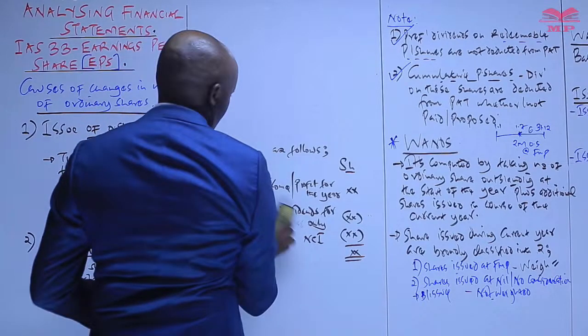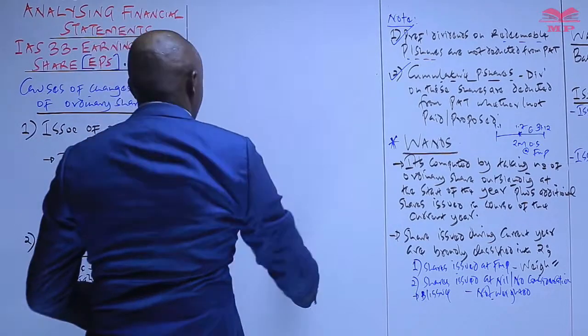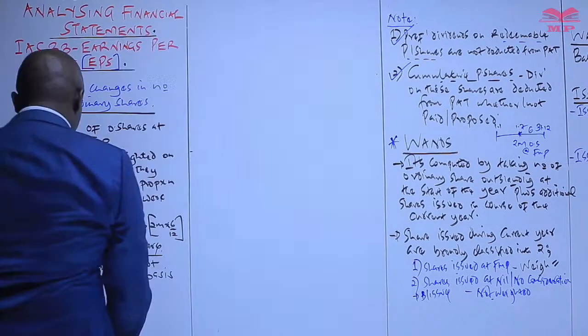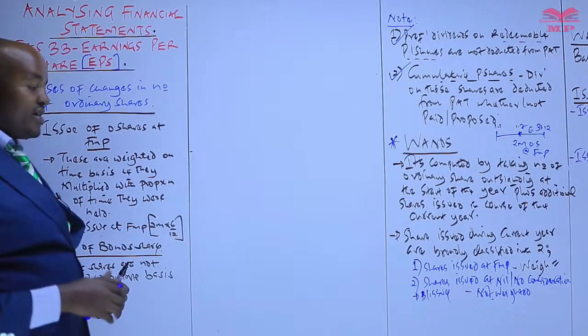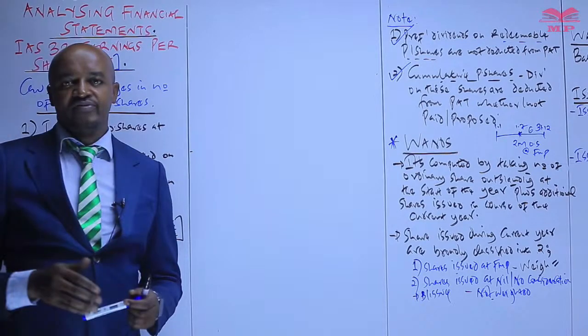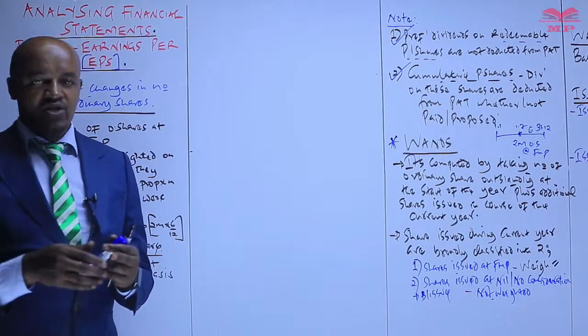Therefore, we assume that these shares have always been in issue. Equally, if we are given financial information about the previous financial year, we assume that those shares had been issued at the start of the previous year.